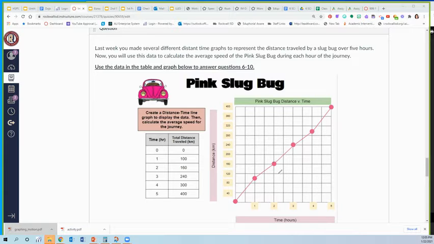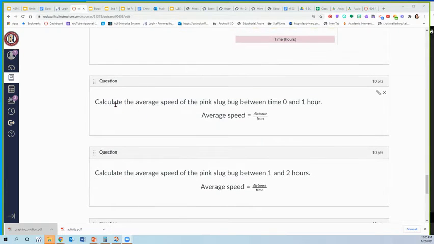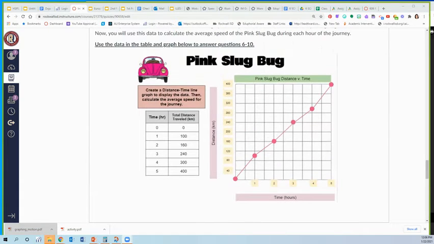Okay, so I'm going to go over the example for number 1. Let me grab my mouse real quick. It's not number 1. It's number 6 on your quiz. Calculate the average speed of the pink slug bug between time 0 and 1 hour using the formula average speed equals distance divided by time. Okie dokie. So let me grab my pen.